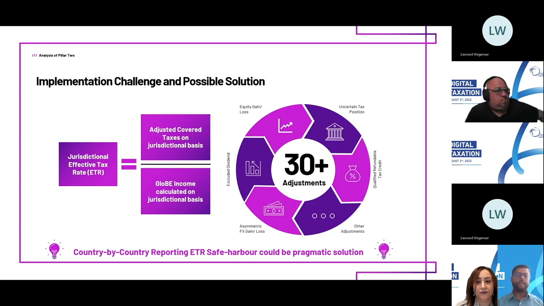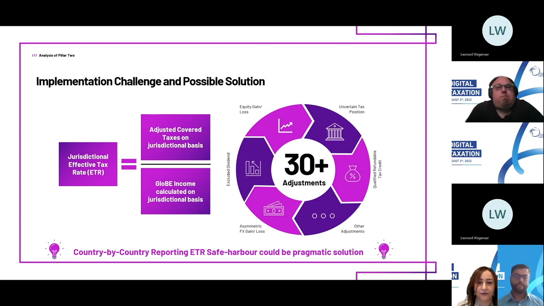So the CbCR safe harbor is quite a pragmatic solution, but how do you compute this using your CbCR data? While the CbCR data is there, most multinationals prepare it in Excel, and Excel could be quite handy to compute this simplified ETR, but there are also certain tools available in the market. You can use certain tools for filing your CbCR, doing analytics, and also identifying the effective tax rate for each jurisdiction.